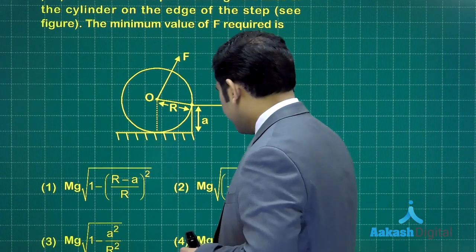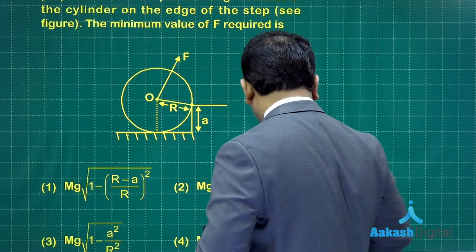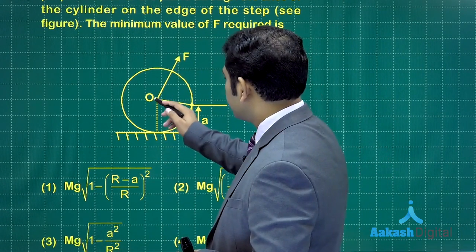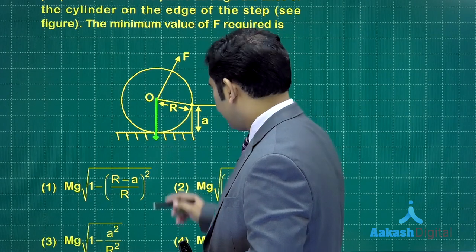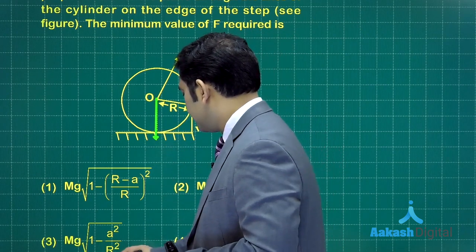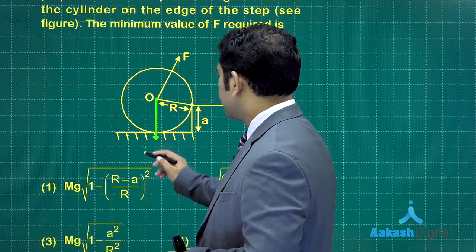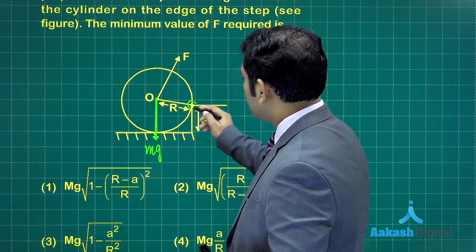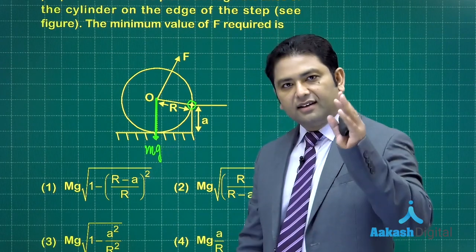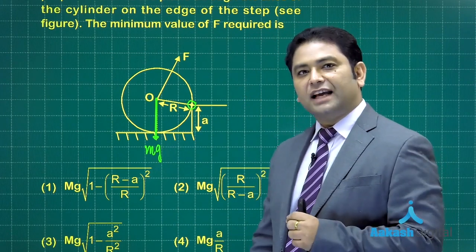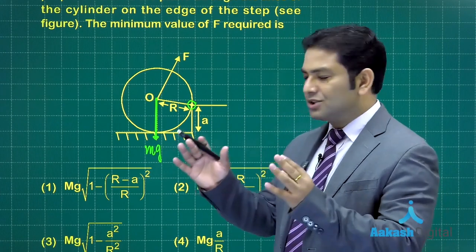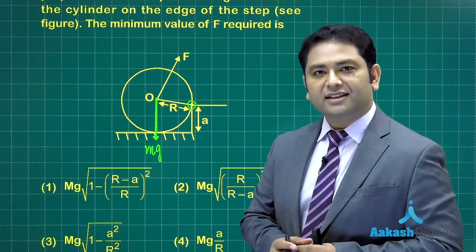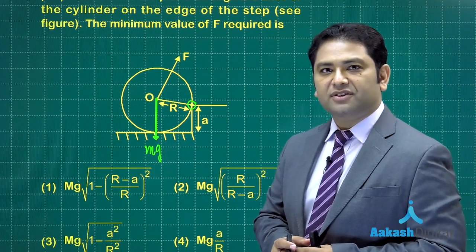Alright, let me begin from the free body diagram and I would draw as little of the figure as possible so that the figure becomes very clear. This is equal to mg. Now the whole idea is we would be writing the torque about this point. There is normal reaction and friction acting, but since we are writing the torque about this point, the torque due to normal reaction and friction becomes 0.